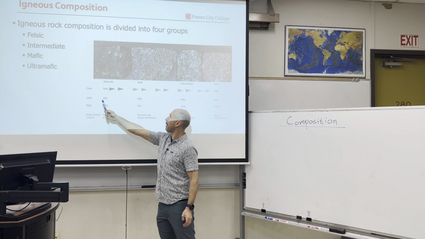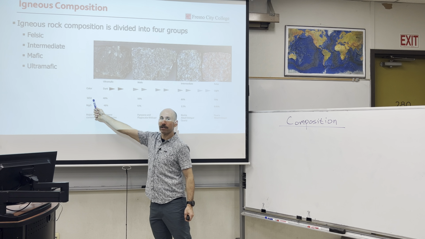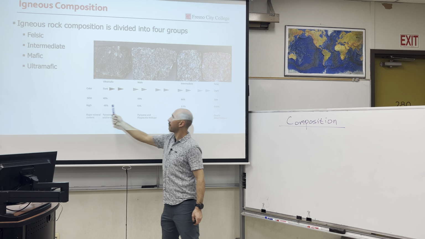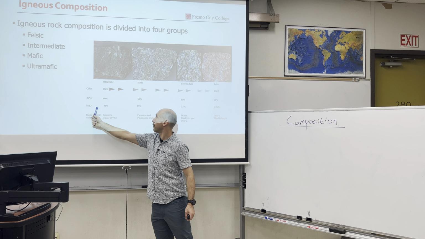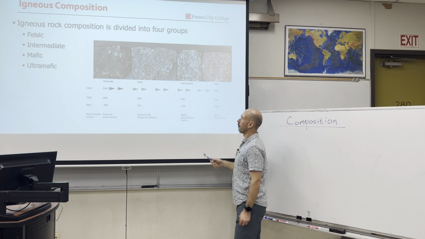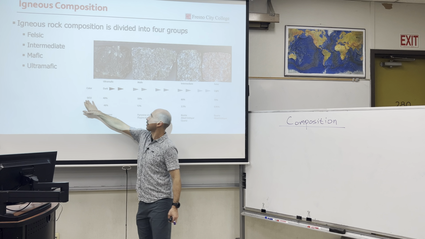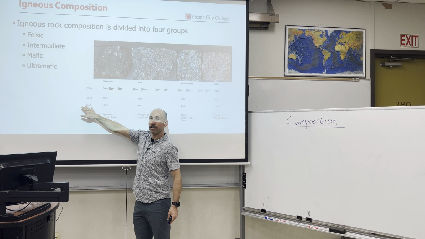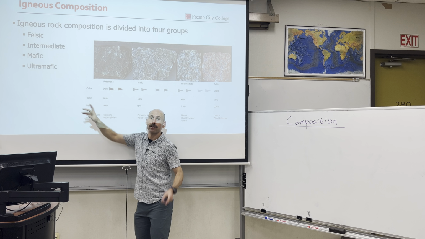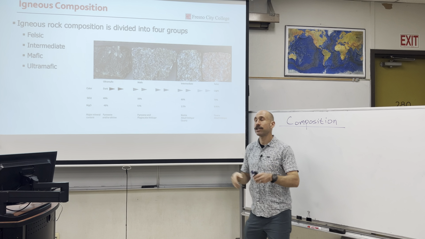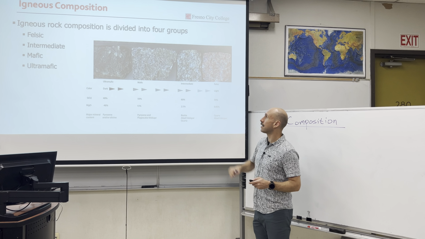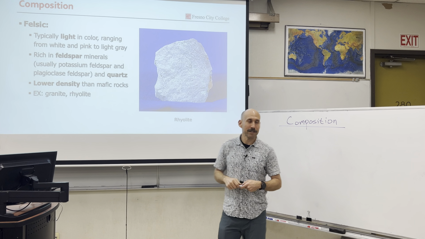We can look at it as the amount of silicon oxygen, from very low to high, or the amount of iron and magnesium, from high to low. These are elements, silicon and oxygen, magnesium and oxygen, iron, that make up the chemical bonds that compose the minerals. So again, composition reflects the mineralogy, which is a product of the chemical bonds and the elements that are available inside of those rocks. Let's start.